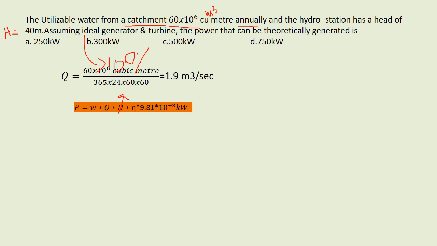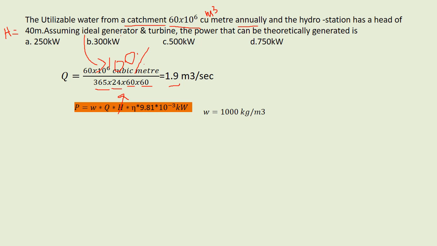That is 365 days, 24 hours, 60 minutes and 60 seconds. So 365 into 24 into 60 into 60 gives cubic meter per second. If you calculate it, you will get 1.9.